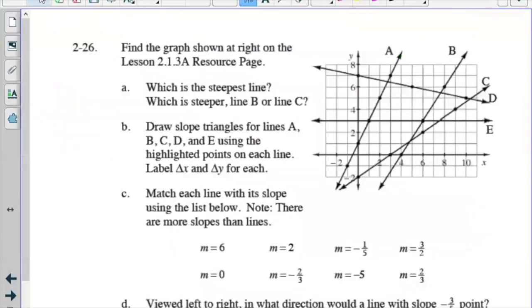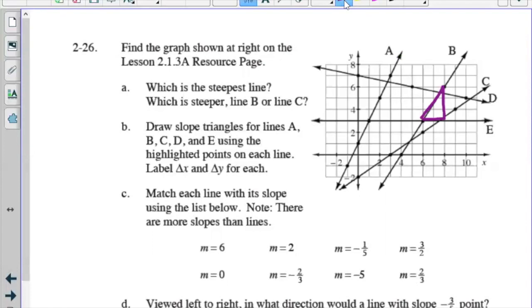If we look at 226 here, we are going to find the steepest lines. Which one is steeper, line B or C? So if I'm figuring this out, I should draw myself those triangles. So there's my B one.